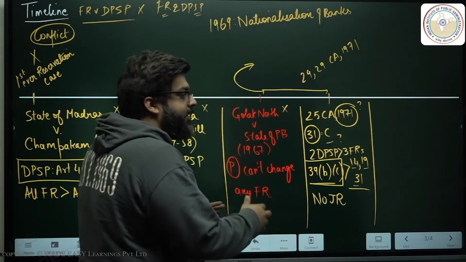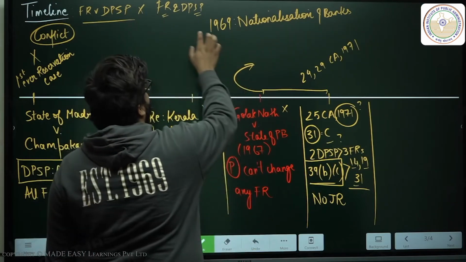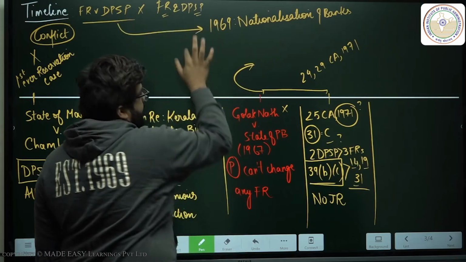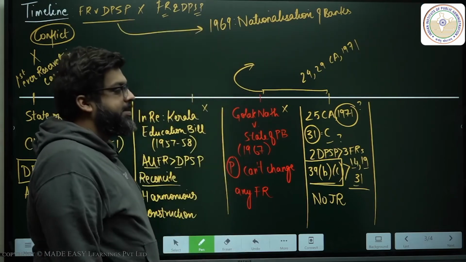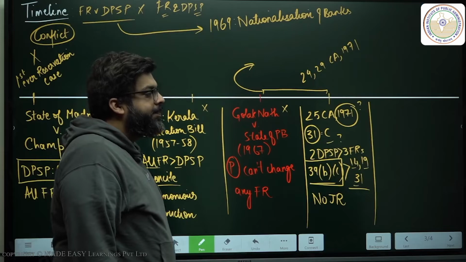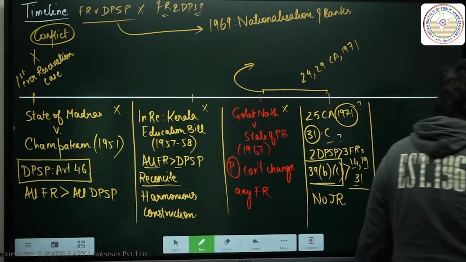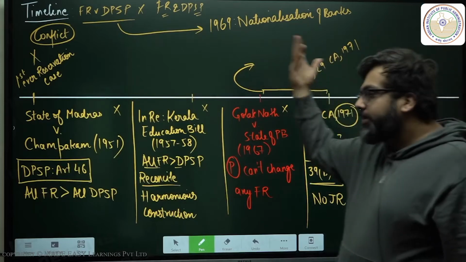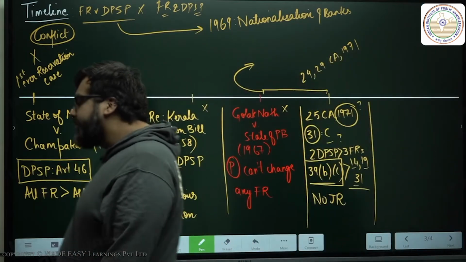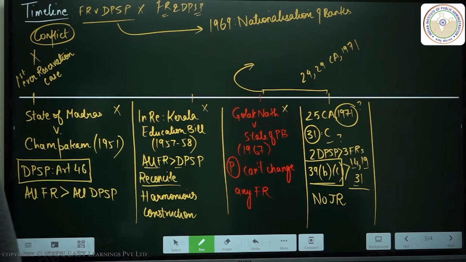So somewhere nationalization is also a conflict between fundamental rights and directive principles. All right? It is nothing but a concept of conflict between directive principles and fundamental rights.